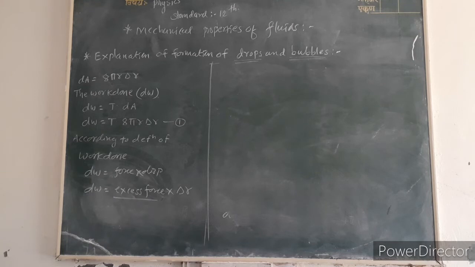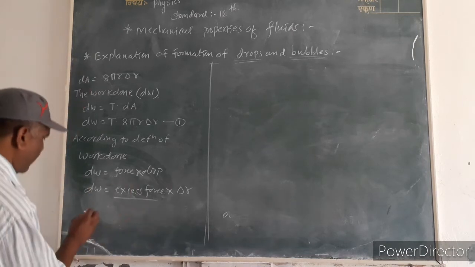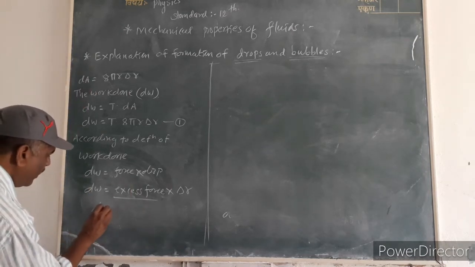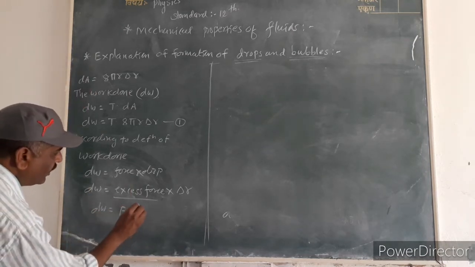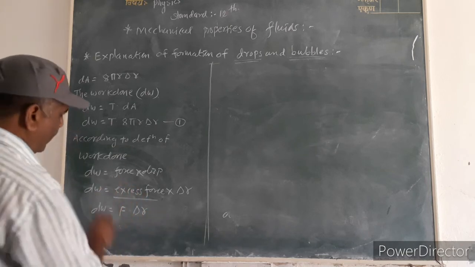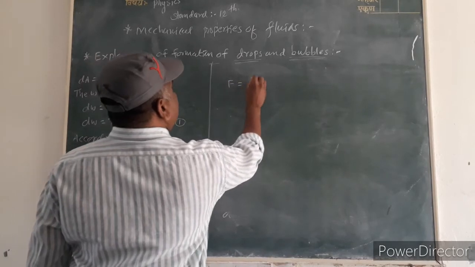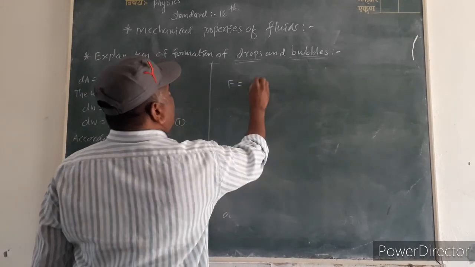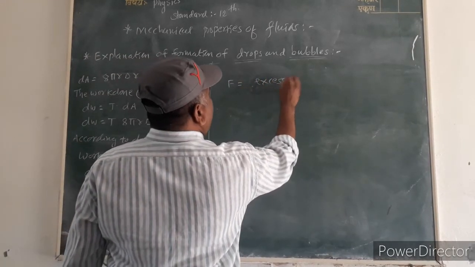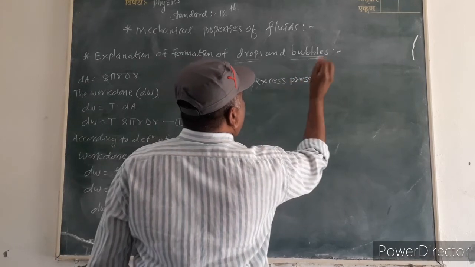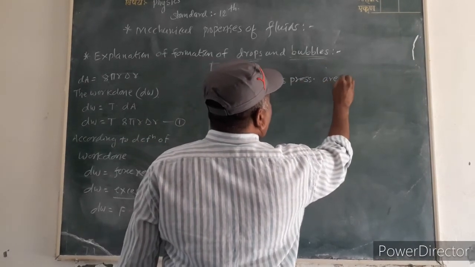Now the excess force is given as, suppose, F, therefore dW is equal to F into delta R. We find out this force is excess pressure into area.